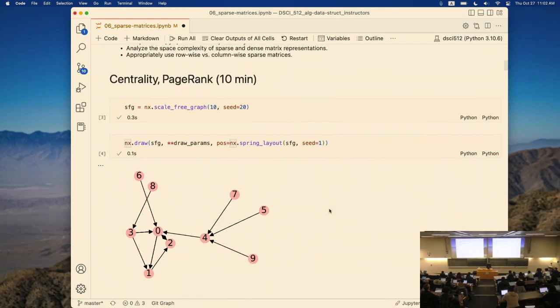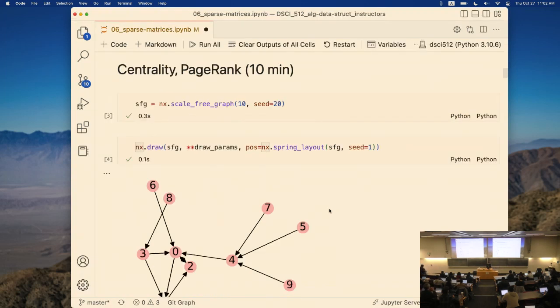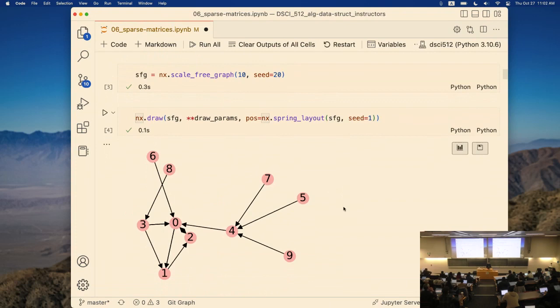All right, so if you have a look at this graph, which node do you think is more important, 0 or 1? 0, because we have two disconnected.